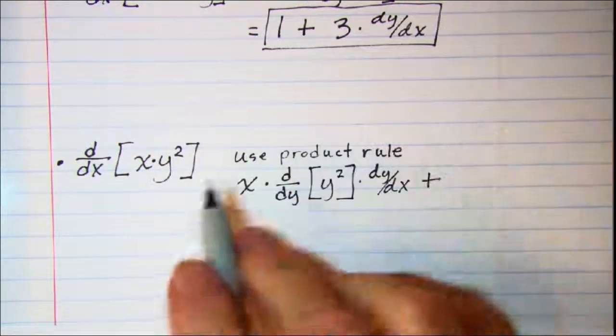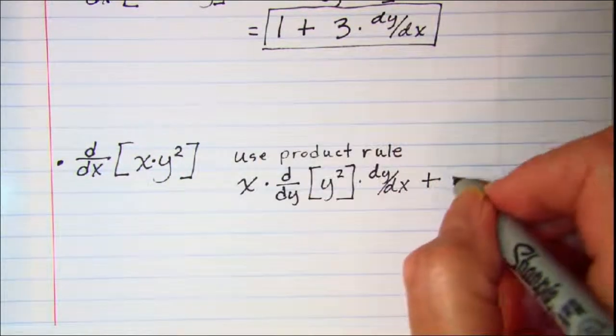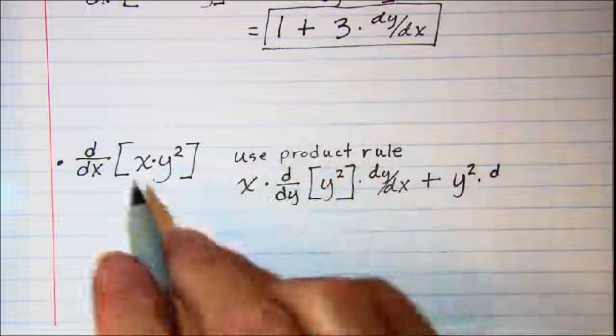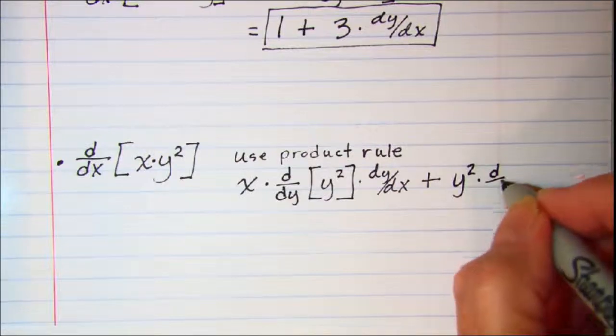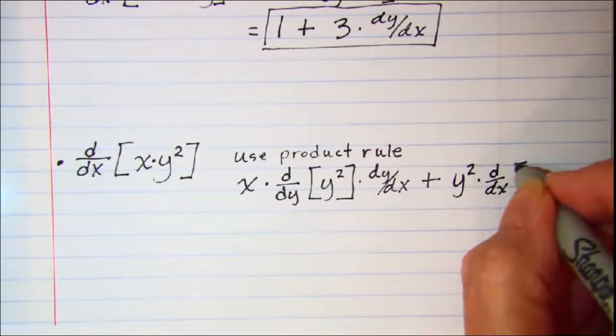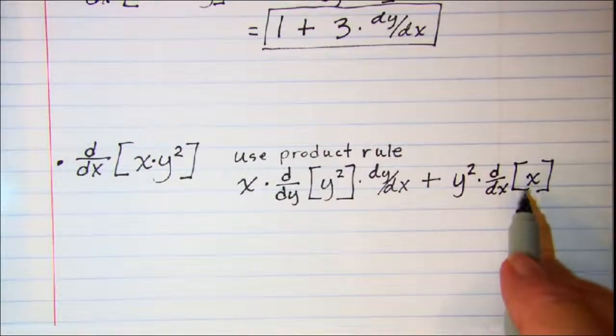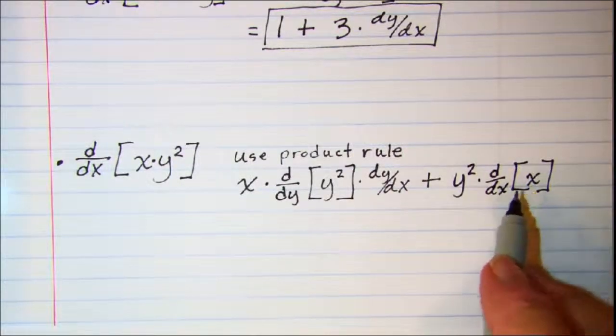Plus, and then the second one times the derivative of the first one, and that's with respect to x, and it is x, so I'm fine. I don't need to use the chain rule on that one.